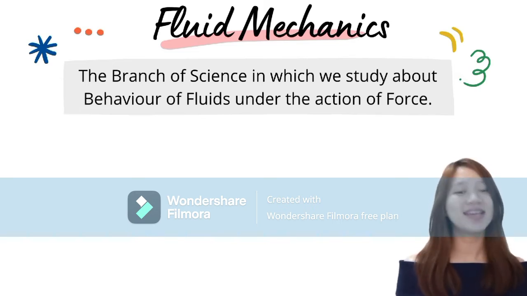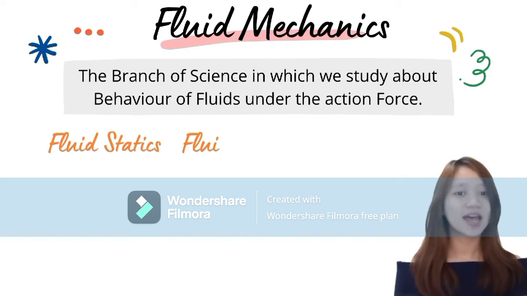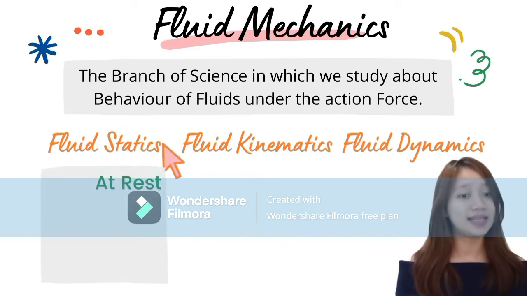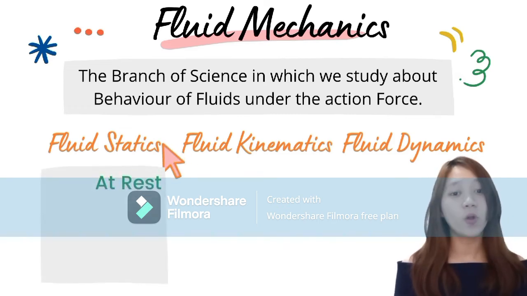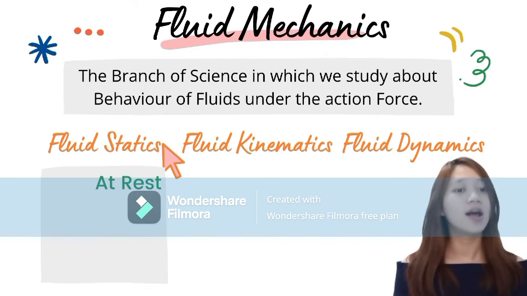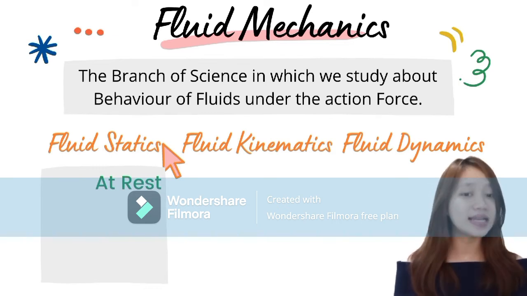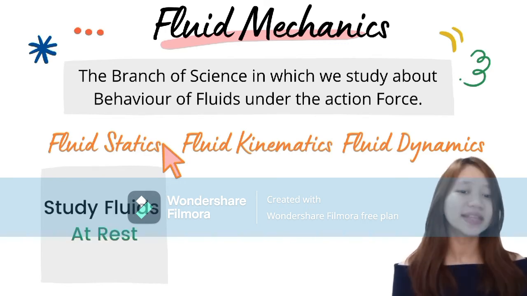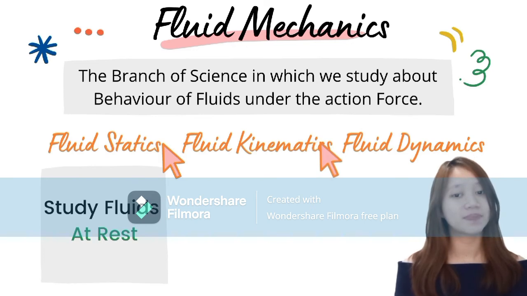Fluid mechanics is further divided into three parts: fluid statics, fluid kinematics, and fluid dynamics. Now, what is fluid statics? The word statics means at rest, and we already know that a fluid is either a gas or a liquid. Thus, fluid statics is the study of fluid at rest. What is fluid kinematics?